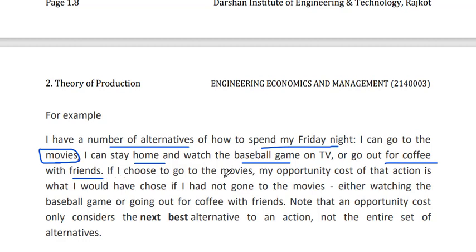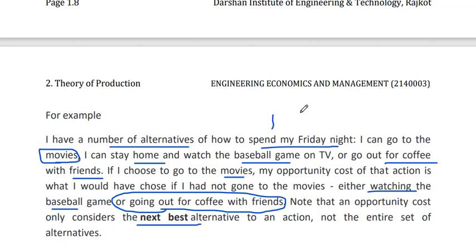If I choose to go to the movie, then watching the baseball game or going out for coffee with a friend is my opportunity cost. Not both, only one. Opportunity cost only considers the next best alternative.